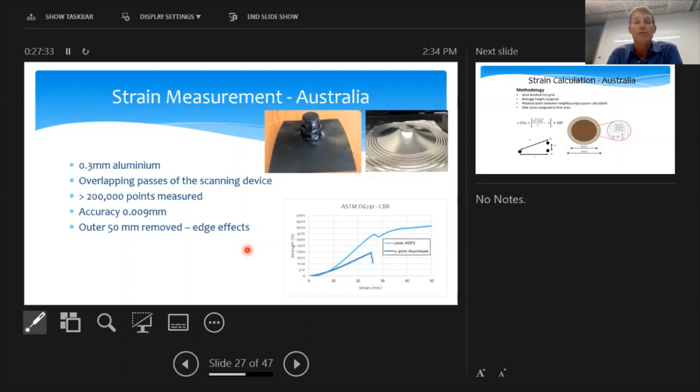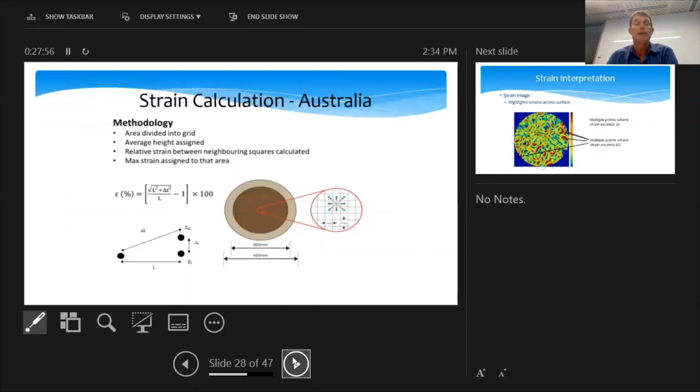We also scan it using a laser scanning technique, where on a 450 diameter plate, we'll put 200,000 points, each with an X, Y, and Z coordinate. So we get measurements in terms of height variation of 0.009 millimeters. And we remove the outer edge of that scan so that we're taking out edge effects.